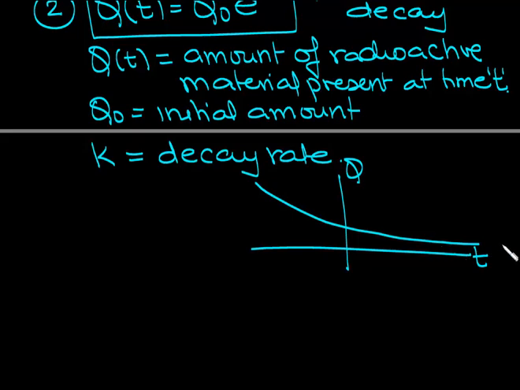No, it gets closer and closer to zero, but never goes to zero. So the amount of radioactive material will never disappear. It'll just get smaller and smaller. Usually the radioactive material is harmful initially because it has a high concentration. As time goes by, it decays, and then it reaches a point where the amount of radiation that it's emitting is so little that it's no longer harmful to humans.